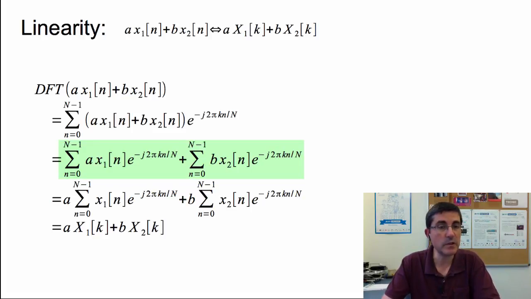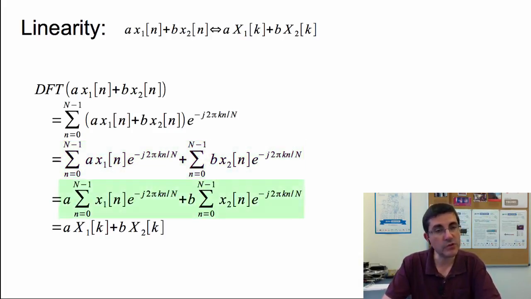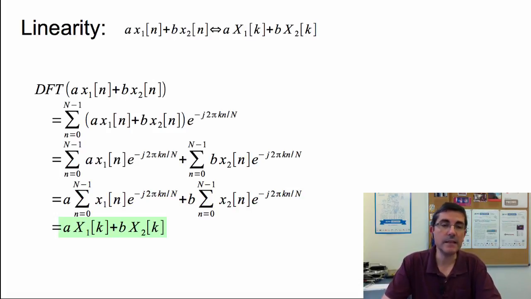So basically we are computing two DFTs, and since the scalar values do not depend on n, we can put them outside the sum, and therefore we will get the small a multiplied by the DFT of x sub 1 plus b multiplied by the DFT of x sub 2.